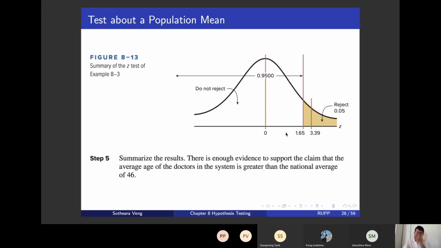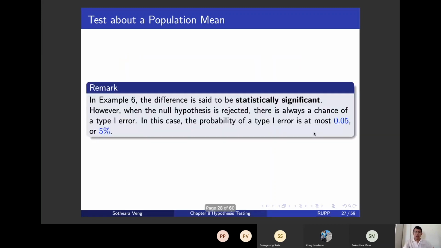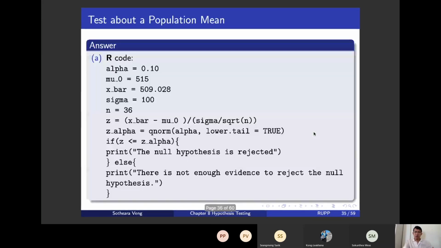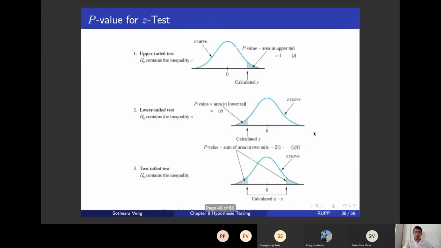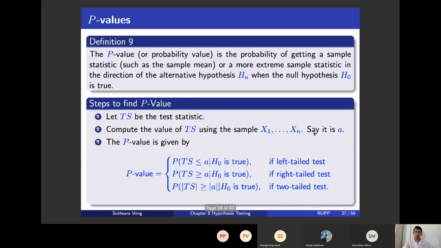So p-value is the area under the curve corresponding to the test value. If you look at the definition by word, maybe it's a little bit complicated to understand. But as I said, this is how we define the p-value, right?